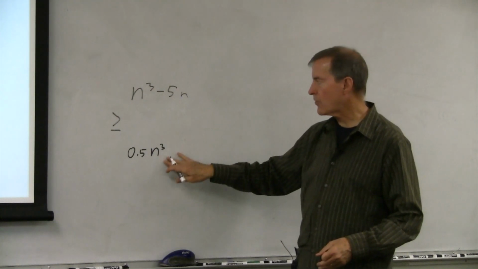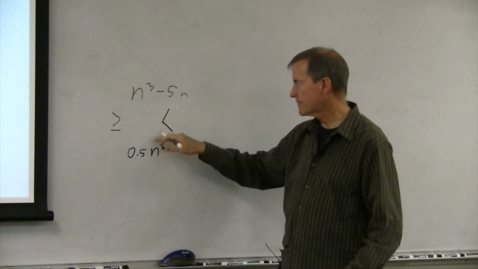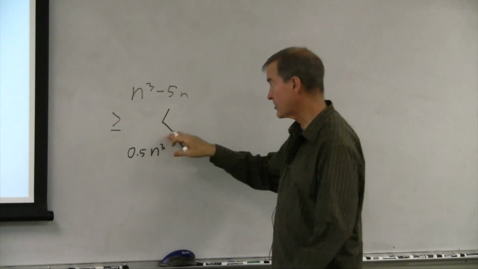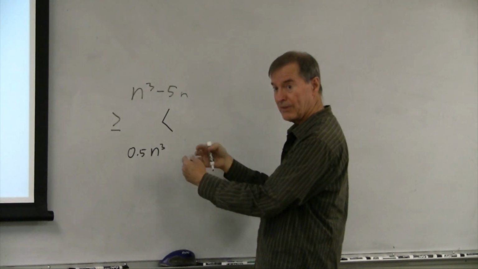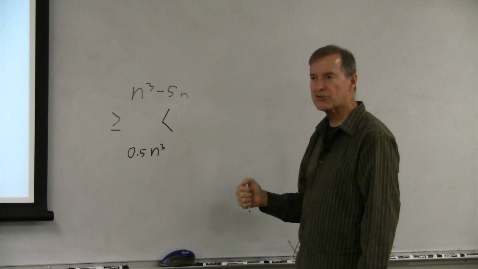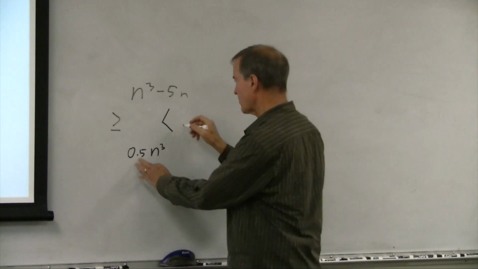Okay. So how did we do this? We start with n cubed minus 5n is greater than or equal to something. We just put this in here and work it through. This is called a construction proof. We'll construct c being 0.5.